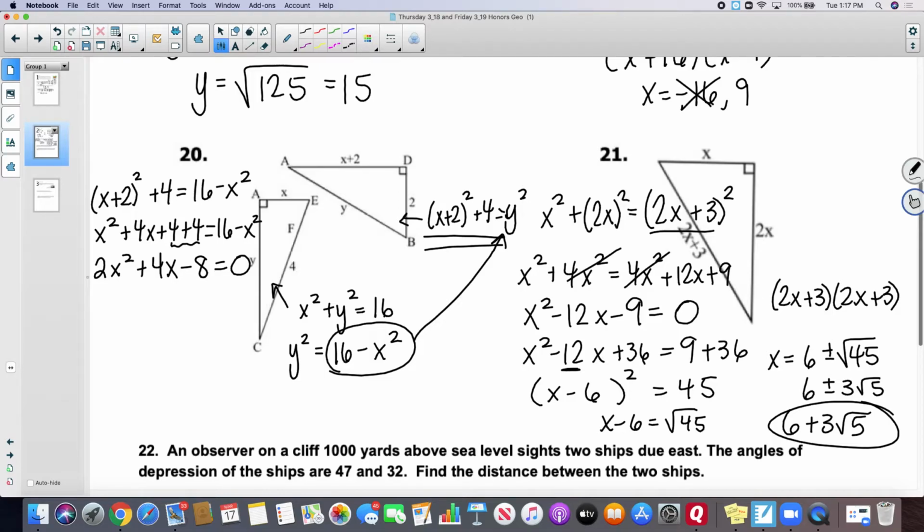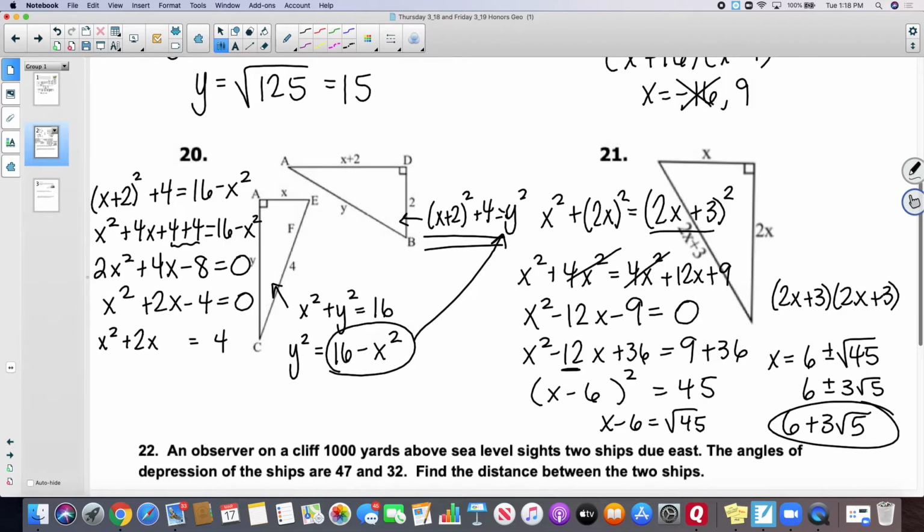So you're going to have x squared plus 2x minus 4 equals 0. Okay, so we're going to see if we can factor this. Are there two numbers that can multiply to give you 4 and add to give you 2? If not, you have to complete the square or use the quadratic formula. So x squared plus 2x equals 4.